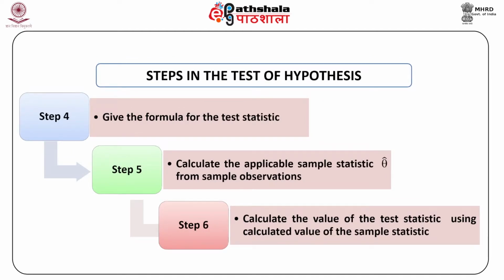Now give the formula for the test statistic. This is our fourth step, which could be a z test or a t test or a chi-square or an F test. The next step, the fifth step, is to calculate the applicable sample statistic theta hat from sample observations, which could be denoted as x bar or x by n or s square, etc. The sixth step is to calculate the value of the test statistic, that is z, t, chi-square, or F, using the calculated value of the sample statistic.